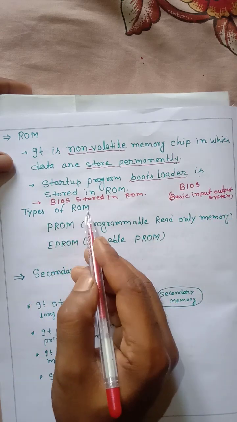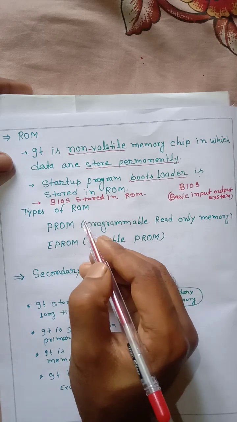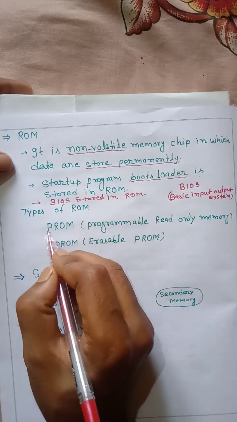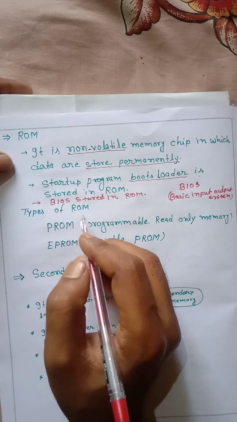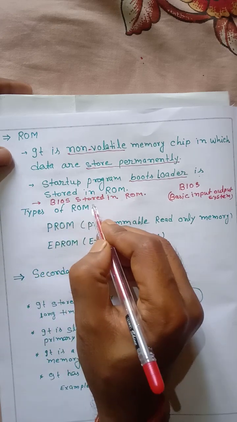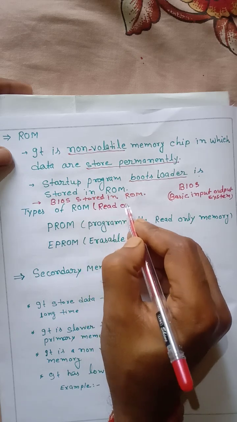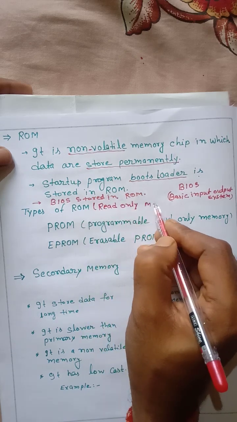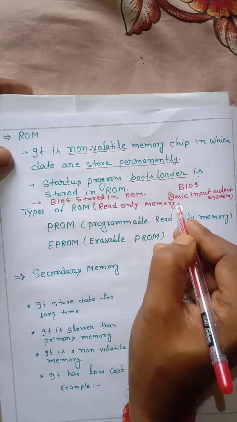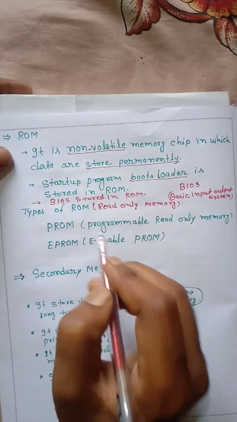Next one is types of ROM. ROM has some types: PROM, EPROM. Now, what is the full form of ROM? ROM stands for read only memory.